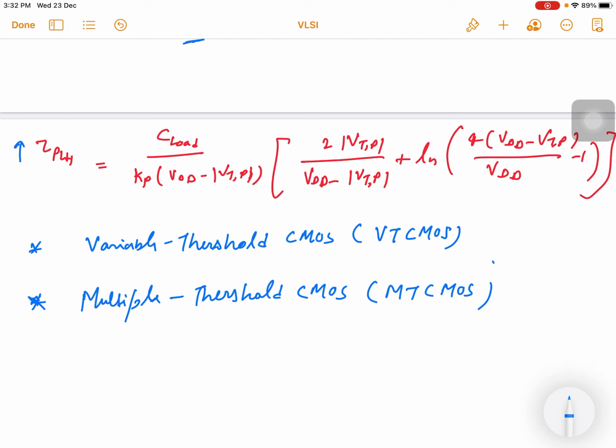These are the two circuit design techniques which can be used to overcome difficulties such as leakage and high standby power dissipation associated with low VT circuits.